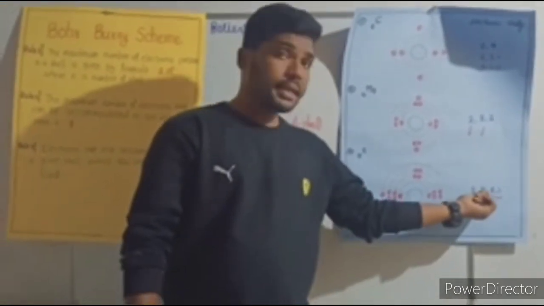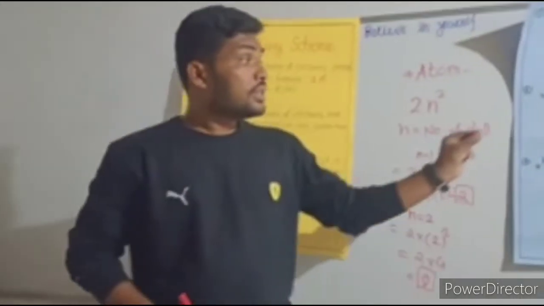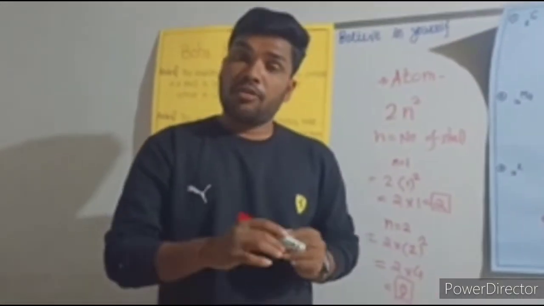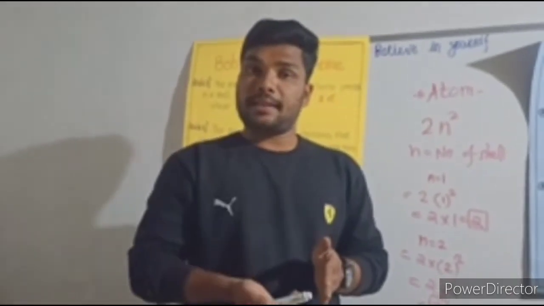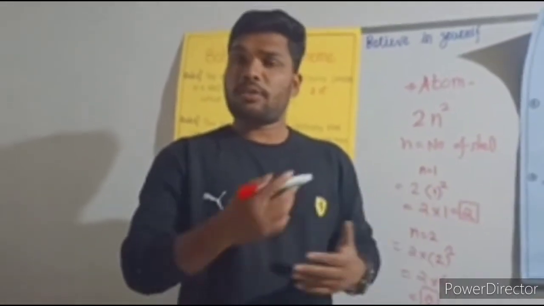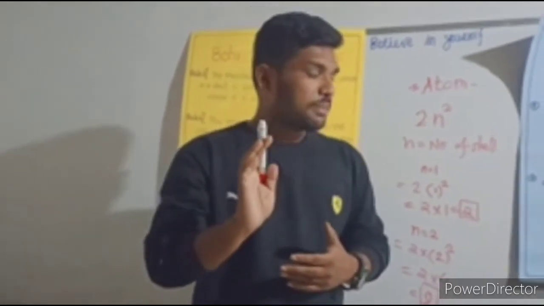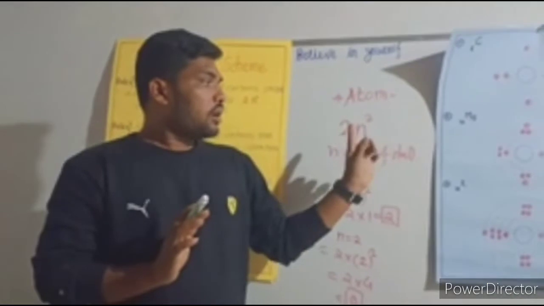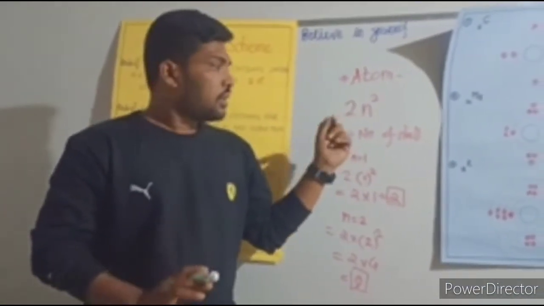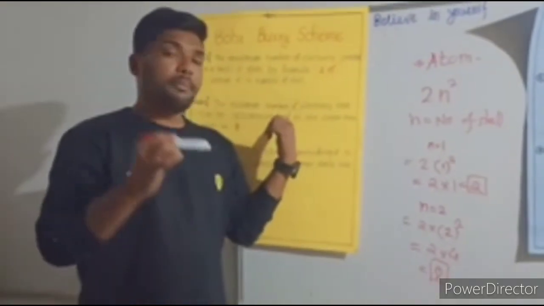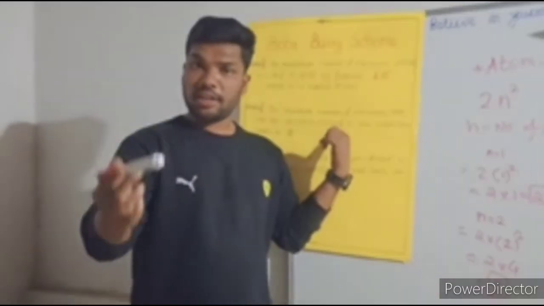So 2, 8, 8 and the remaining is 1. Total is 19. The cell again has subcells. First we have to fill those subcells and then come to the outer cells. What these subcells and orbits are, we will learn in further classes. For now, keep in mind that the formula is useful for finding the maximum capacity of electrons, and the second rule states that the maximum capacity of the outer cell is 8 electrons.